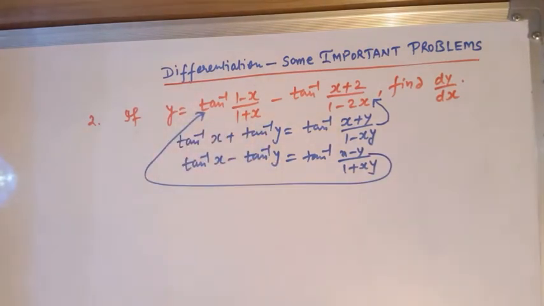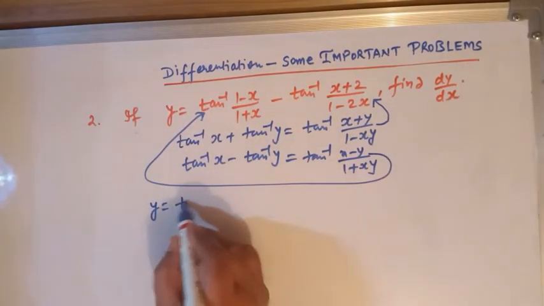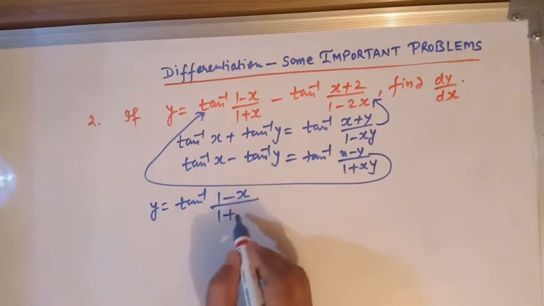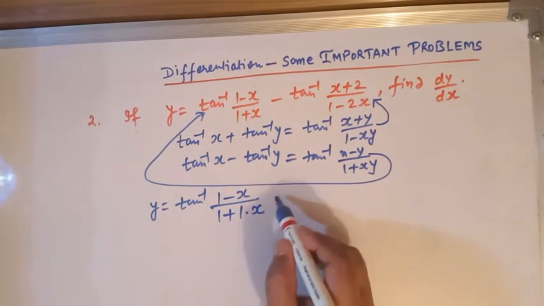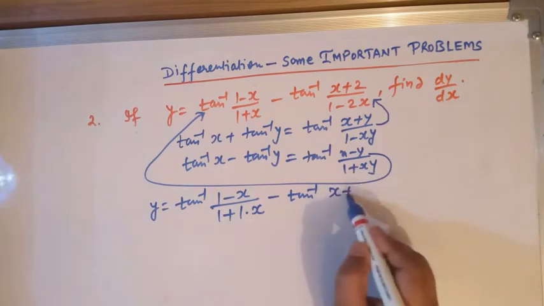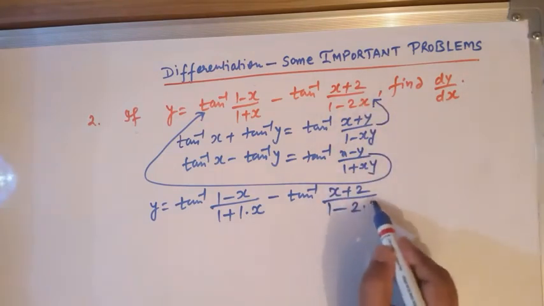Clear? Now see, this expression y can be written as tan inverse of (1 minus x) over (1 plus 1 times x). x can be written as 1 times x, and this is tan inverse of (x plus 2) over (1 minus 2 times x).